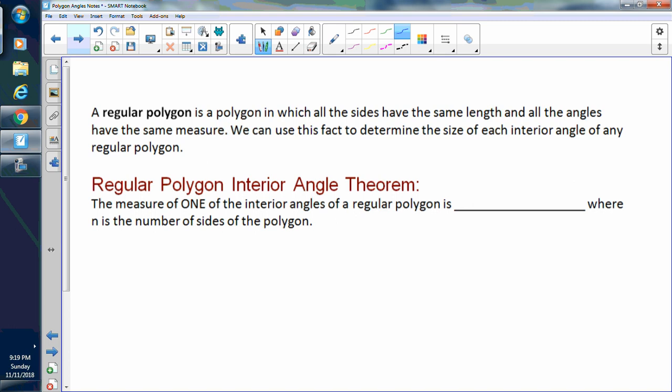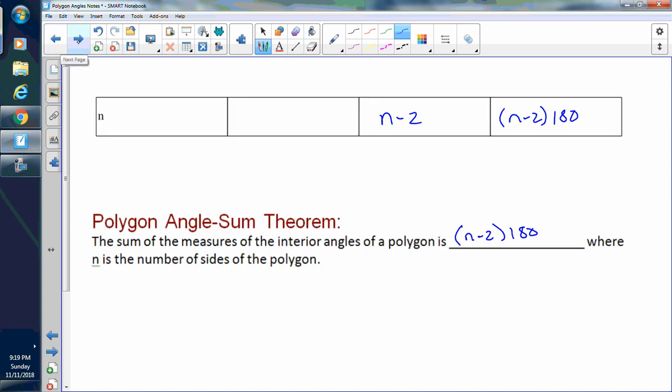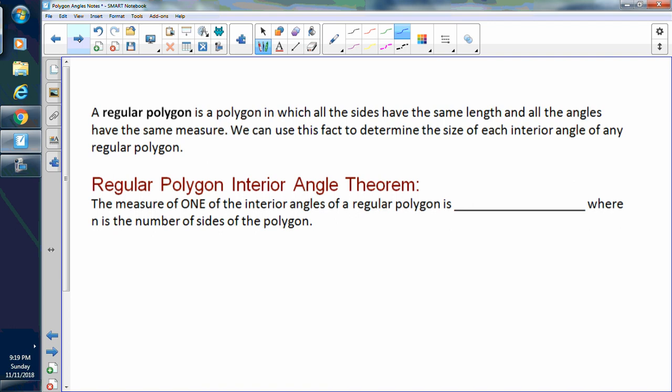If I have a regular polygon, that is a polygon in which all the sides have the same length and all the angles have the same measure. We can use this fact to determine the size of each interior angle of any regular polygon.